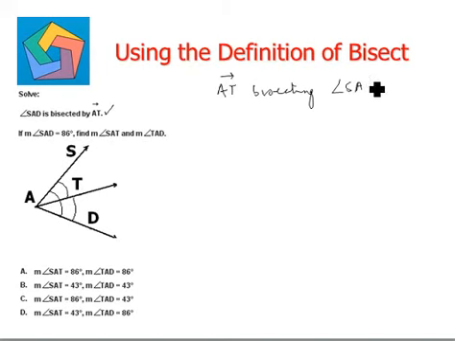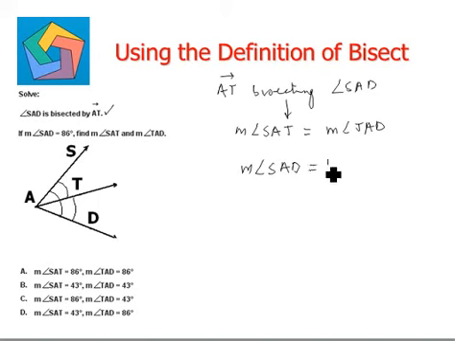So this implies that measure of angle SAT is equal to measure of angle TAD. Also, this tells us that SAD is being cut into two equal parts. That is, measure of angle SAD equals 86 degrees.